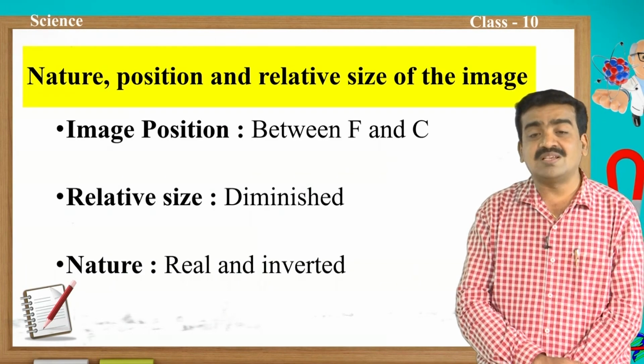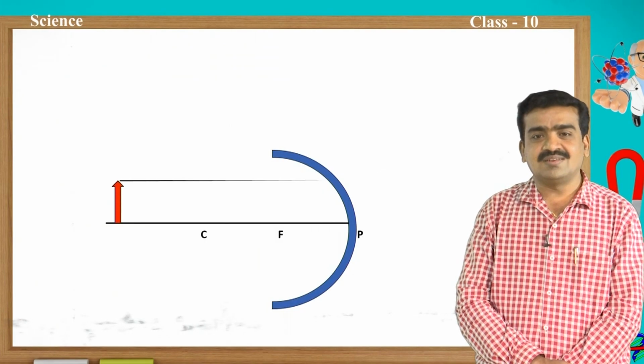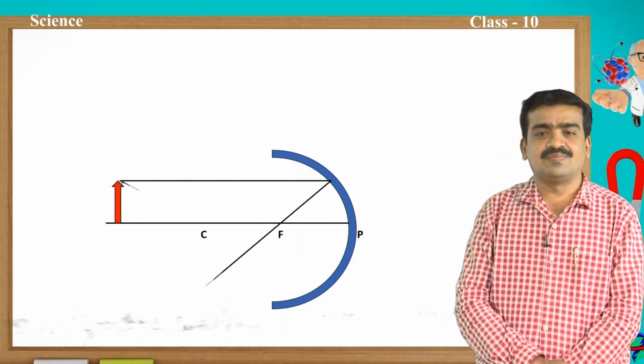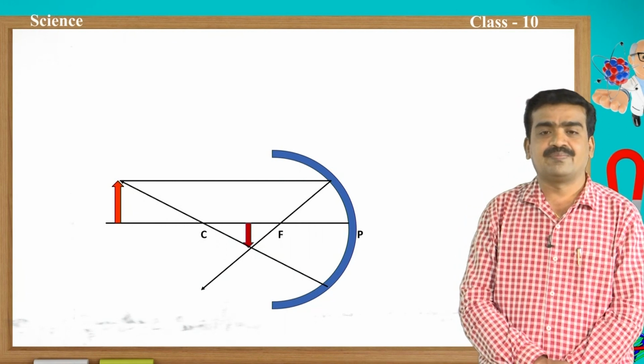When the object is placed beyond C, the image position is between F and C, the relative size is diminished, and the nature of the image is, in this case also, real and inverted. This is how the image is formed when the object is placed beyond C.